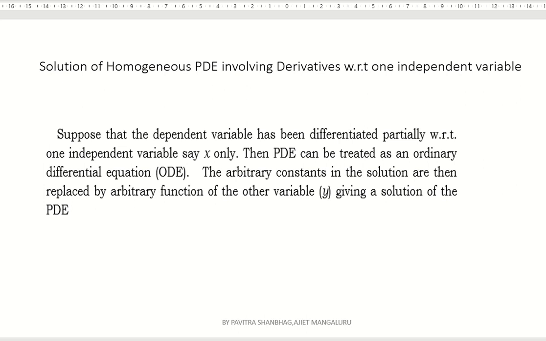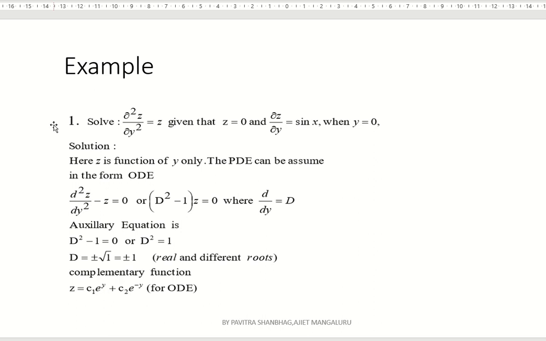Let us discuss the problems one by one. See what is given: del square z by del y square equal to z. Given that z equal to 0 and del z by del y equal to sin x when y equal to 0. Now look into this concept. Del square z by del y square is given.